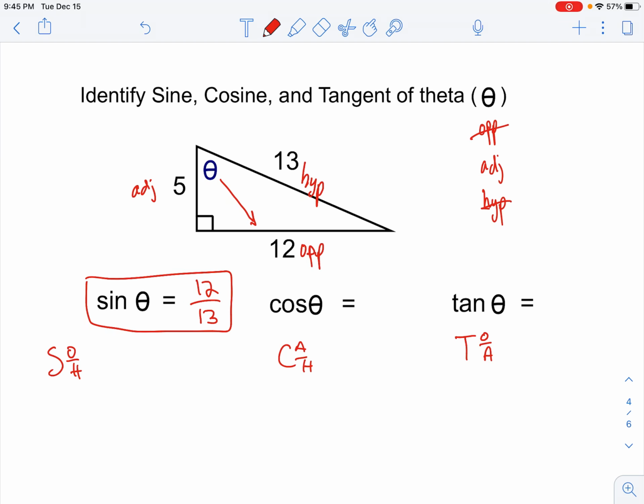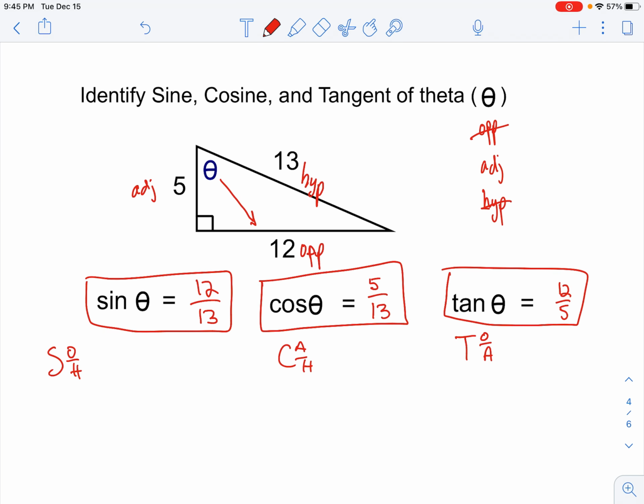Cosine is adjacent over hypotenuse, so that's going to be 5 over 13. And then tangent is opposite divided by adjacent, so 12 over 5. And that's it. All you have to do is figure out which side is the opposite, which side is the adjacent, which side is the hypotenuse, and then label the trig functions from there.